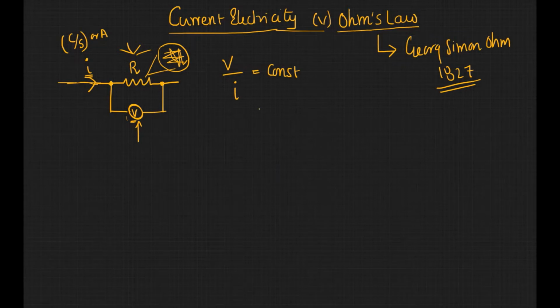This constant is what we call the resistance, denoted by R, and the SI unit is ohm, in memory of George Simon Ohm, who found this relationship.